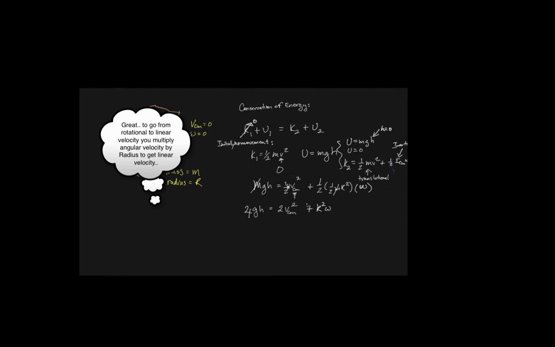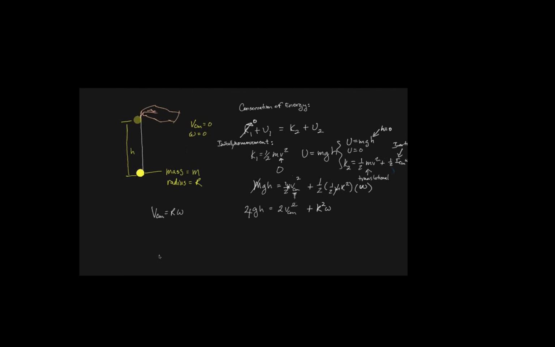Okay, so if velocity center of mass is equal to r times omega, how does that help me in this problem? Velocity squared must equal r times omega squared, and you get everything condensed into.